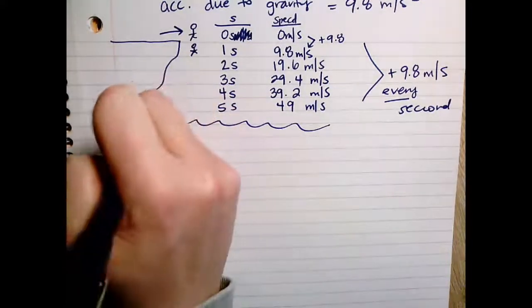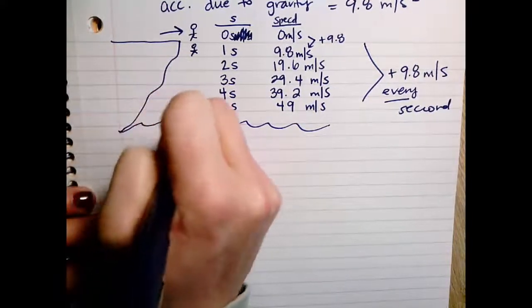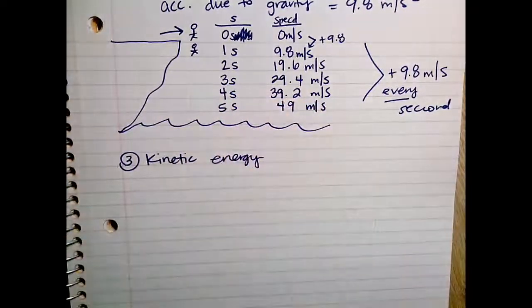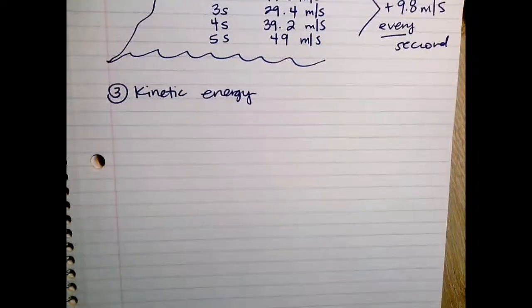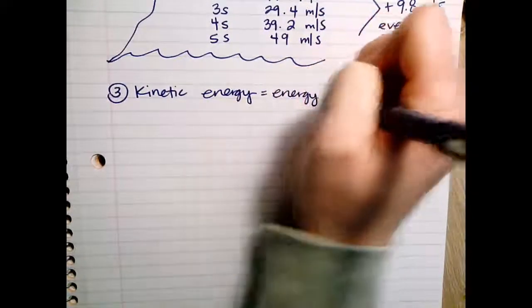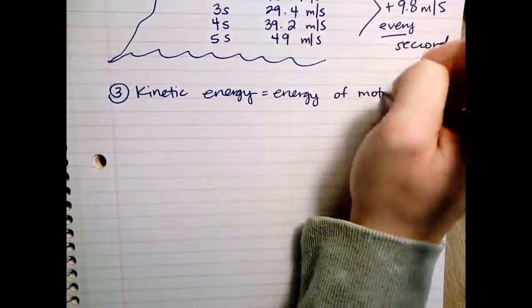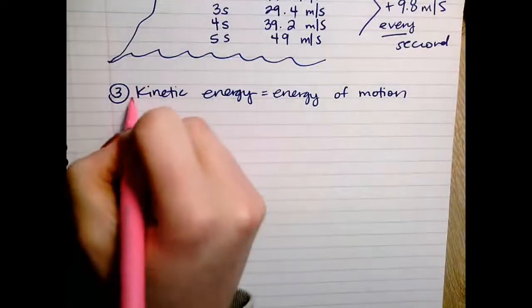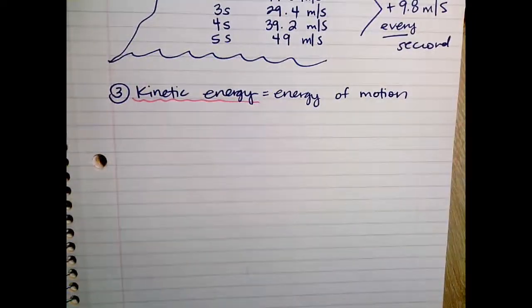All right, part 3, we're going to move on to kinetic. Kinetic energy is the energy of motion. Anything that is moving, your pen, your brain cells, your lungs, anything that's moving has kinetic energy.